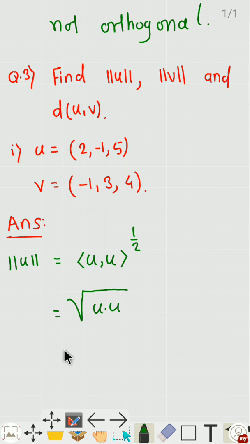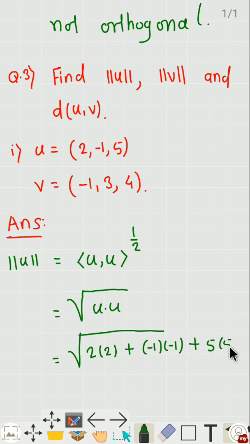It is equal to the square root of u dot u, which is 2 into 2 plus -1 into -1 plus 5 into 5.